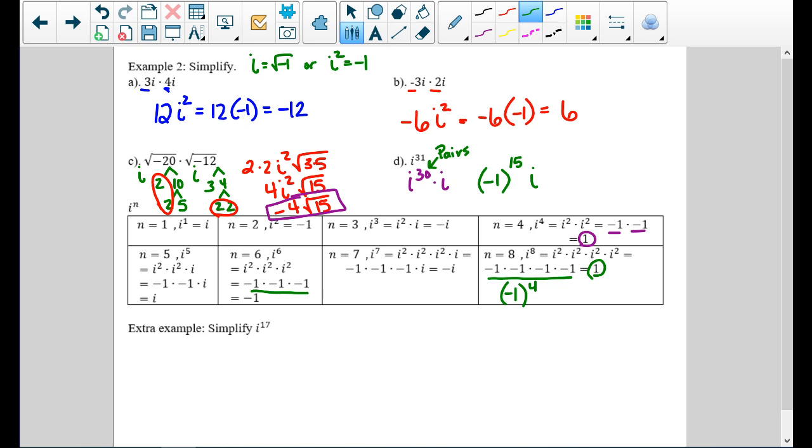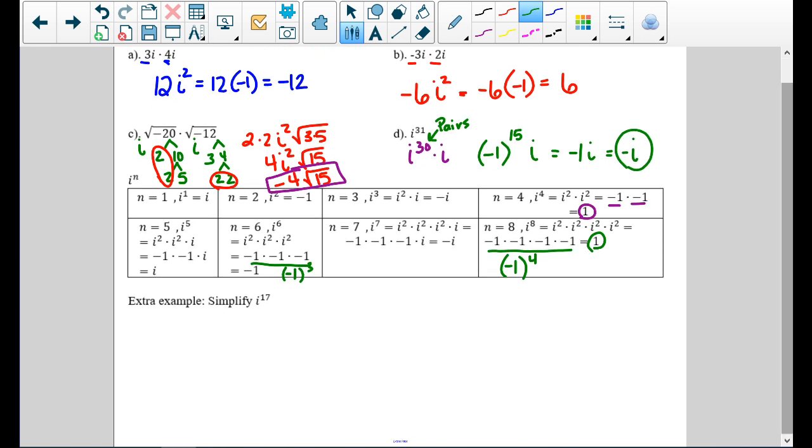And this one, i to the 6th, there is 3 negative 1s. So in this case, we have 15. Negative ones with even exponents are going to be positive. Negative ones with odd exponents are going to be negative. So this negative 1 to the 15th breaks down to be negative 1 times i, or we can just say negative i for my final answer.